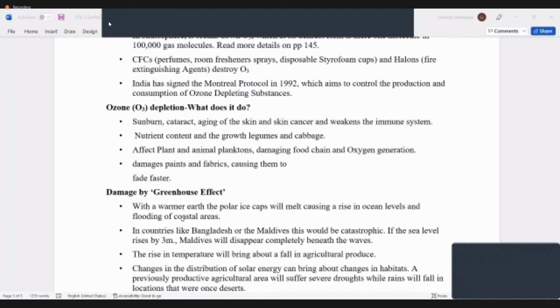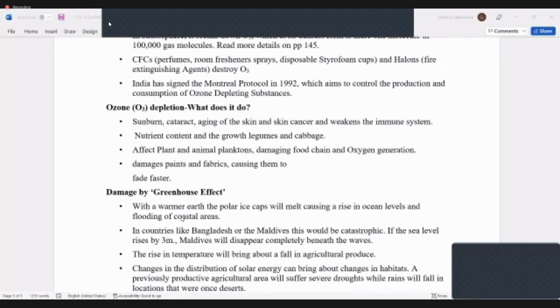Okay, the pollution damages the material, the paint, the fabric. As I told you, buildings in Mumbai require to be painted every couple of years or maximum 4 or 5 years. But if you come to Pune, buildings in Pune last 10, 15 years, you will not have to paint them because they don't lose their texture, they don't become black.